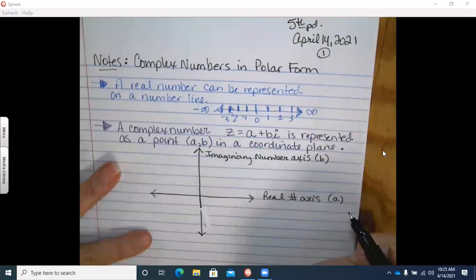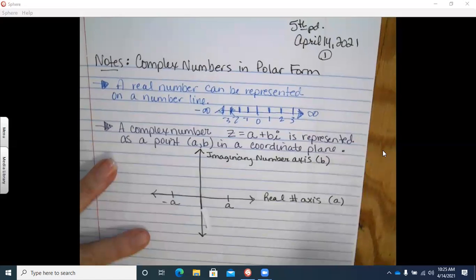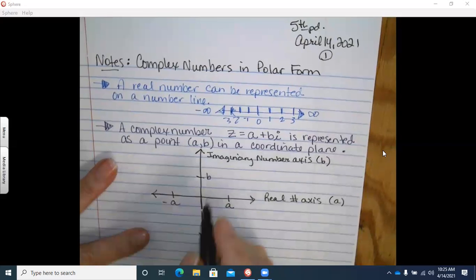So for your real numbers, your positive real numbers go to the right of the origin. Your negative real numbers go to the left of the origin on the real number axis. And for your imaginary numbers, the positive imaginary numbers go above the origin on the imaginary number axis, and the negative imaginary numbers go below the origin.